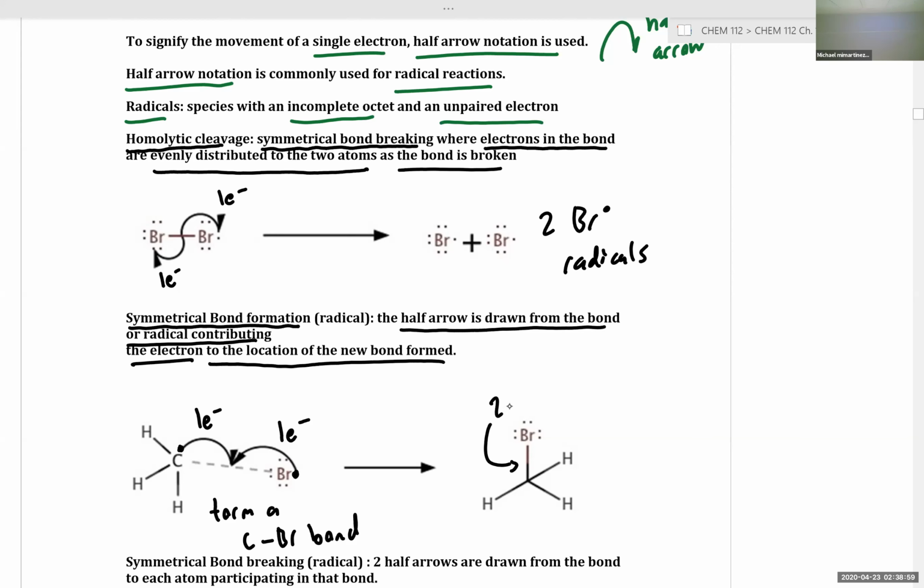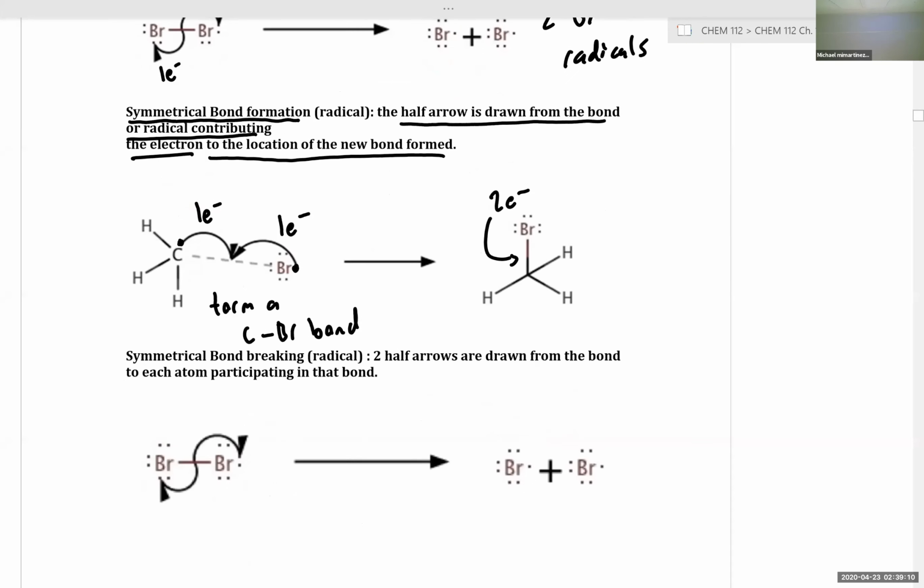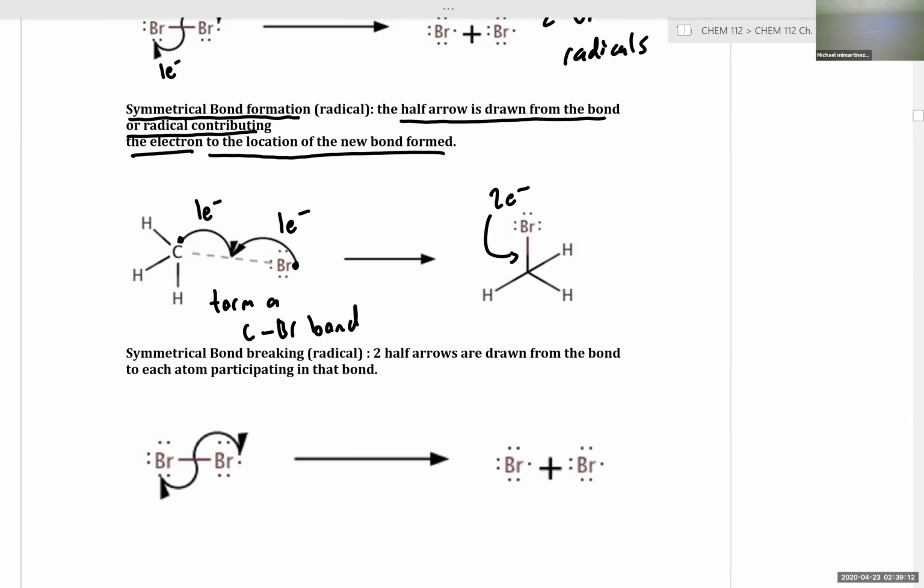This is where our 2 electrons ended up. Notice we use half arrow notation for each of our 1 electron movements. So if we're looking at symmetrical bond breaking, the 2 half arrows are drawn from the bond to each atom participating in the bond. So each of these half arrows represents the movement of 1 electron.